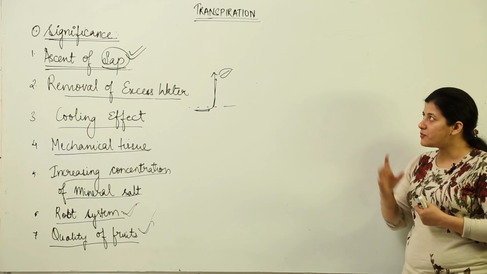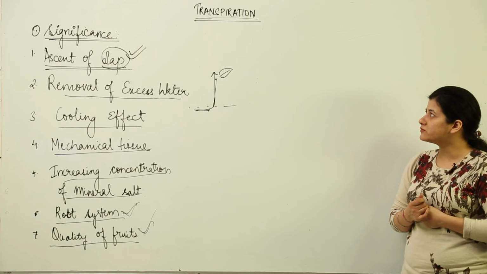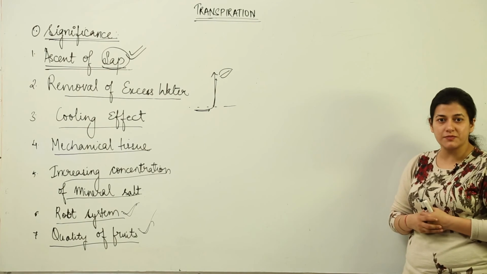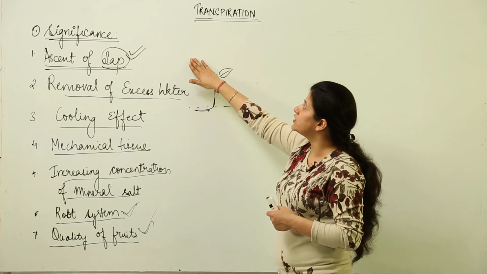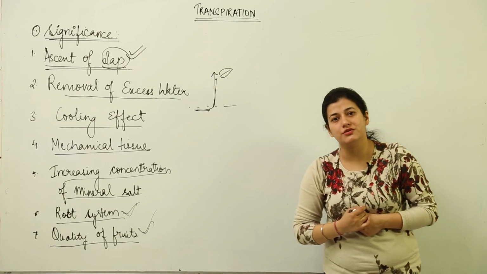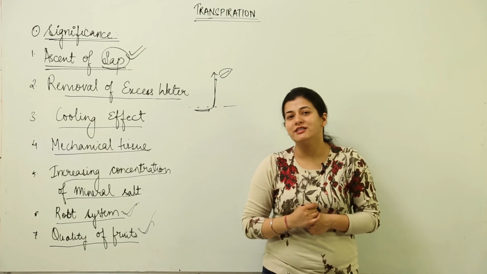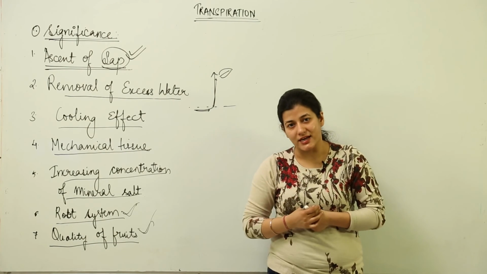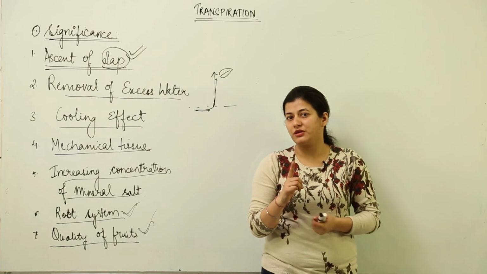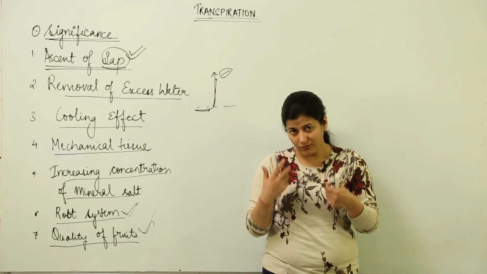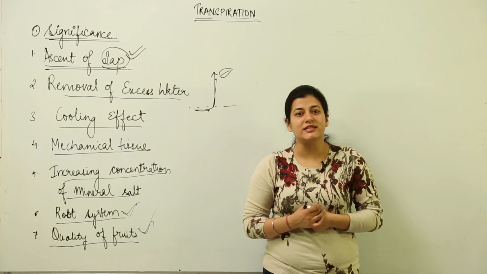So we have 6 to 7 points which put a light on the significance of transpiration. And do keep in mind, ascent of sap is the most crucial aspect of transpiration, and we are going to study it in terms of various theories that have been proposed, various theories which have been discarded, and there would be one theory which would have its importance and would be acceptable by all.